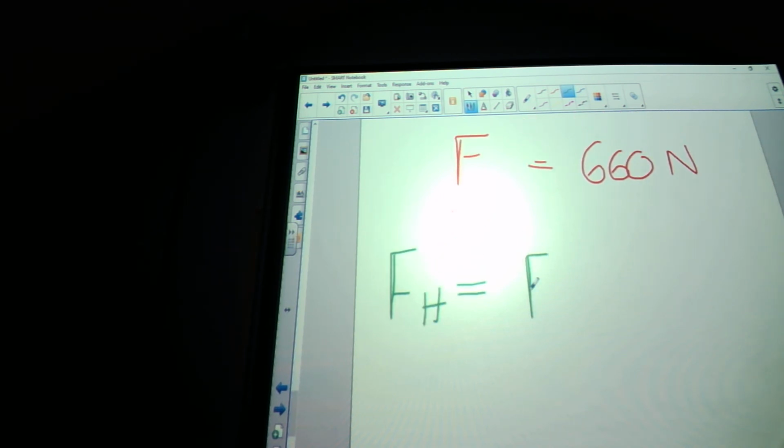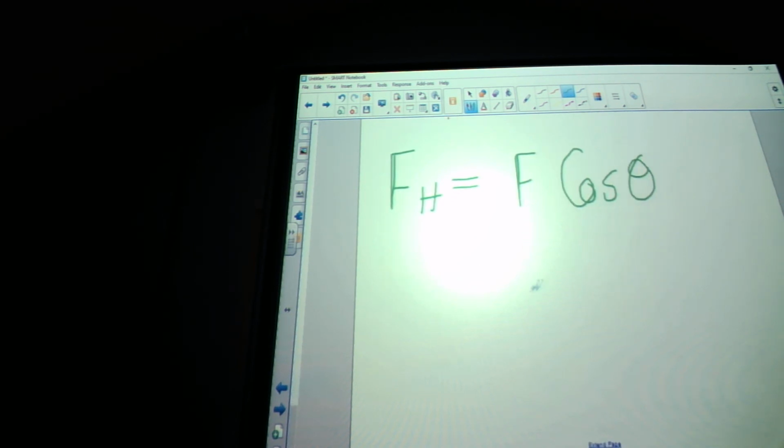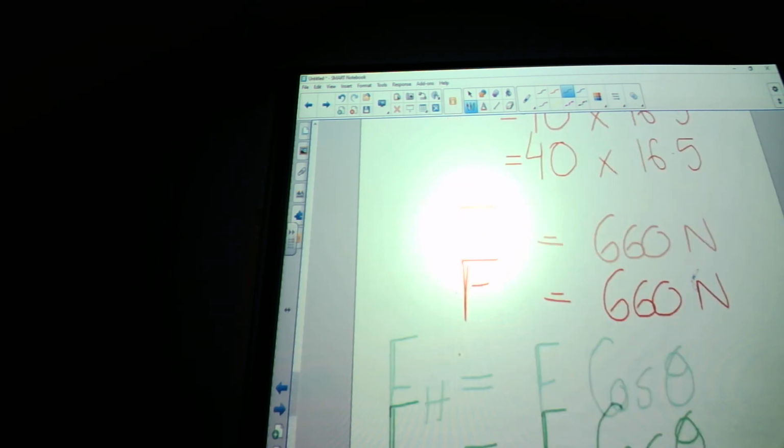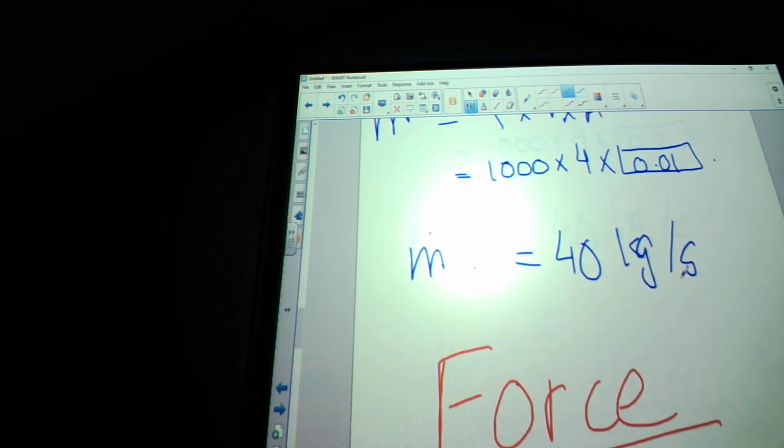Now, if I need to find out the horizontal force, it is going to be F cos theta, where F is 660 and cos 75, I think.